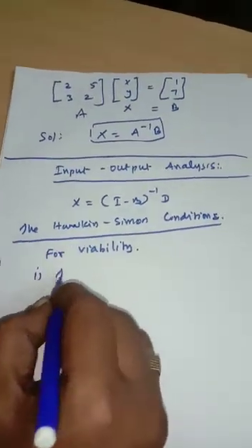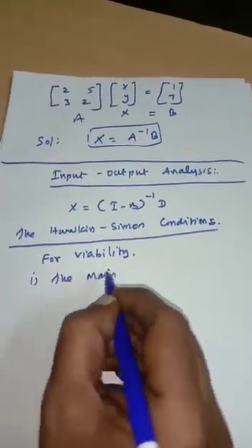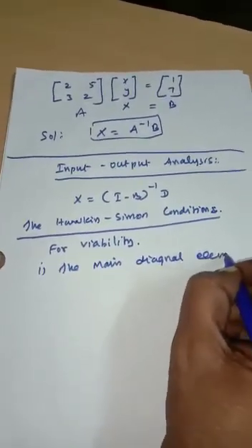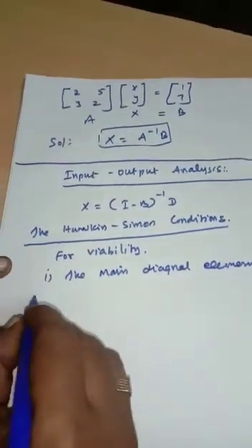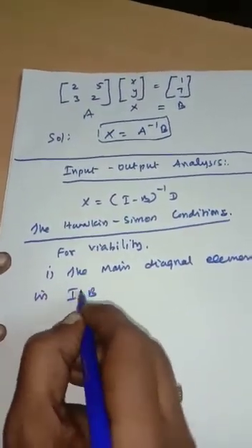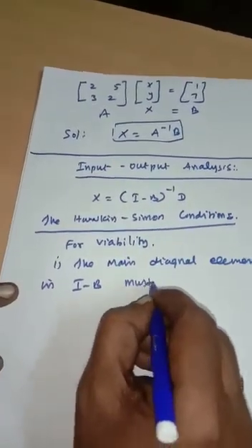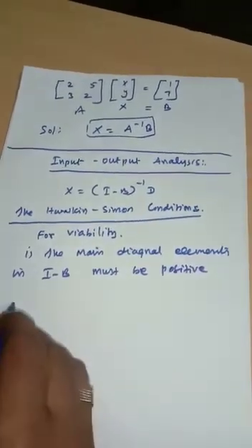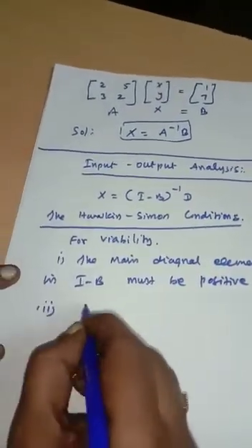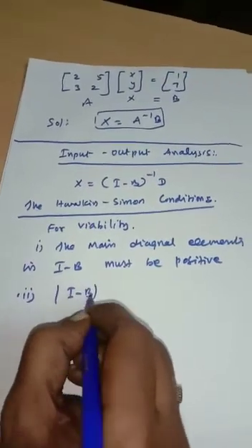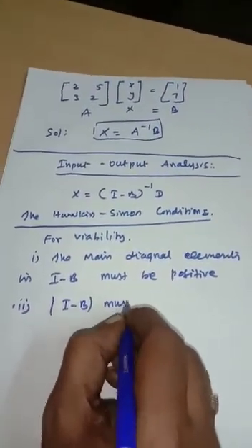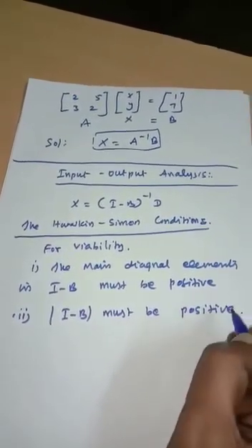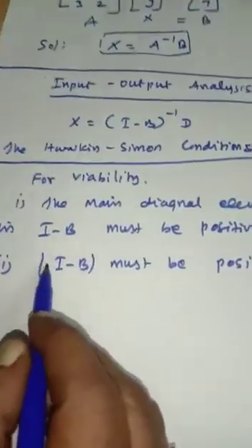First condition is the main diagonal elements in I minus B must be positive. Second condition is determinant I minus B also must be positive. The system is viable only when both the conditions are satisfied.